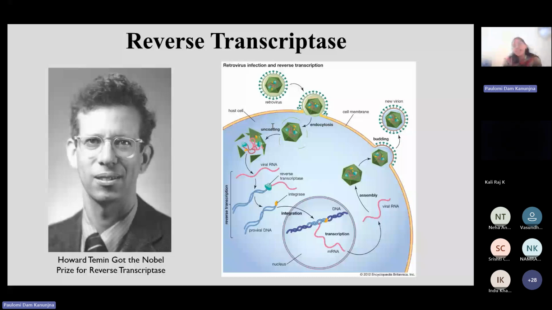And how is that possible? Because host cells have DNA as their genetic material. These are viruses which have RNA as their genetic material. So how did the host DNA get an RNA component in that? Or what is it exactly? But this is a viral component for sure.